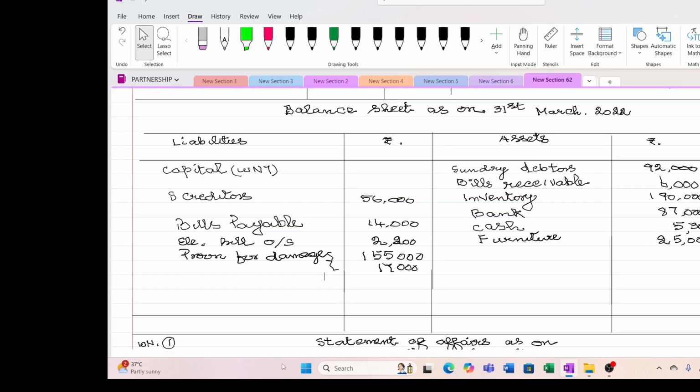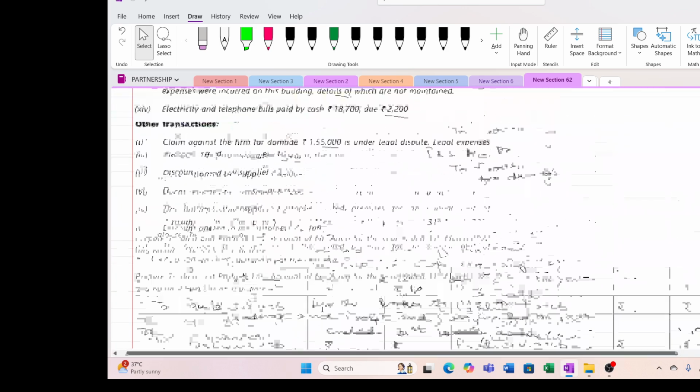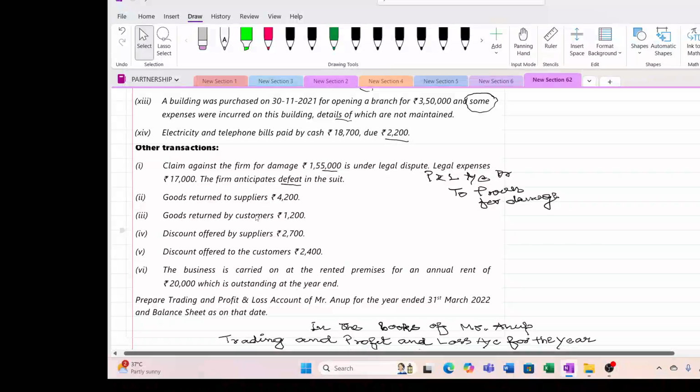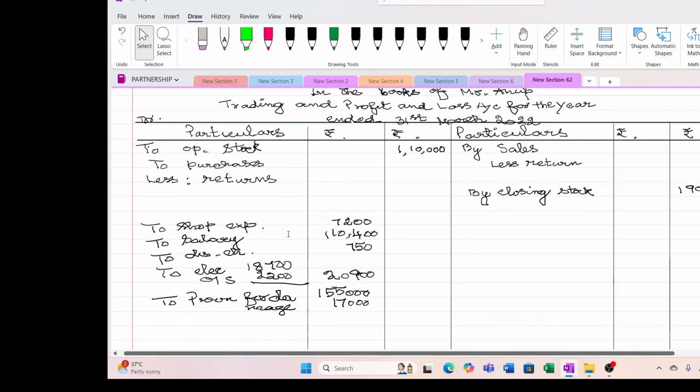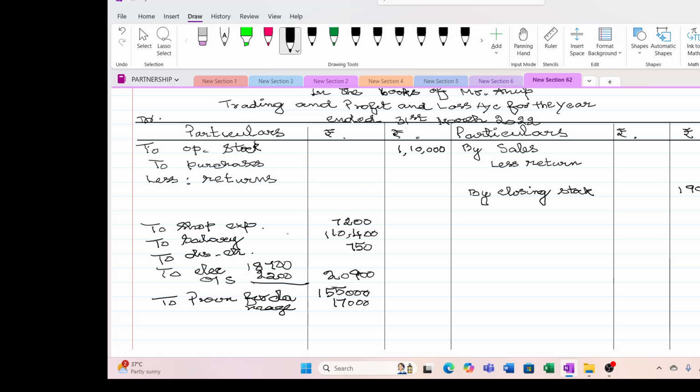Next one is, I think, purchase return or sales return. This is returned to suppliers, purchase return and sales return. Return is 4,200 and here it is 1,200.